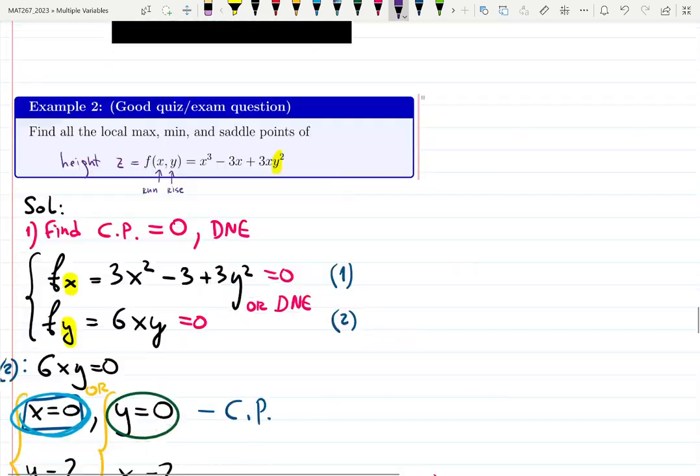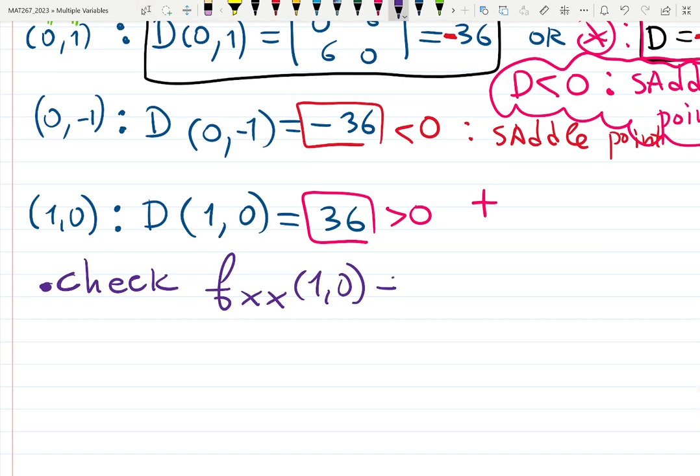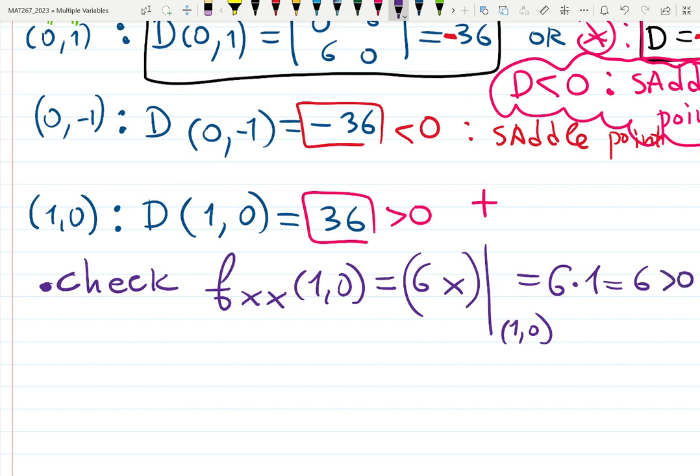If D is positive. Well, 6x. So usually people write it down like this: 6x, parentheses, a bar, 1, 0. That's a professional notation. A bar means at. 6x at 1, 0 gives you 6. Let me write it down. 6 times 1, which is 6, which is positive.